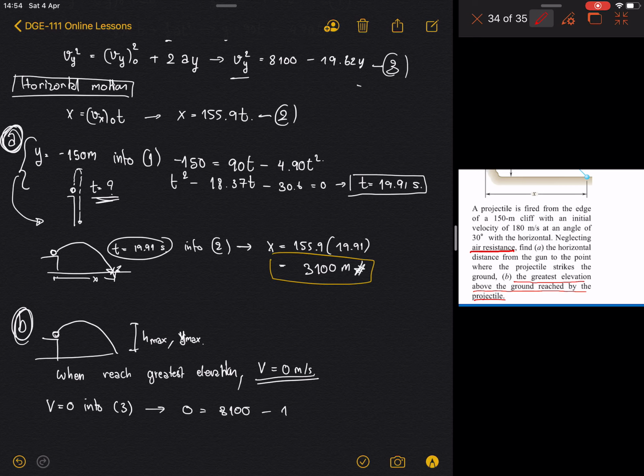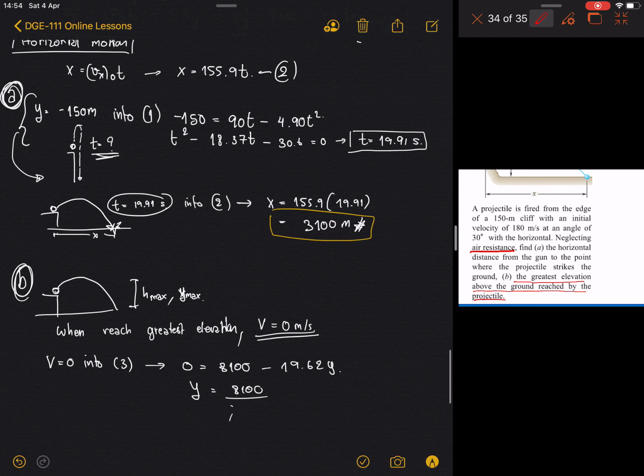In the end you will get y equal to 8100 over 19.62.